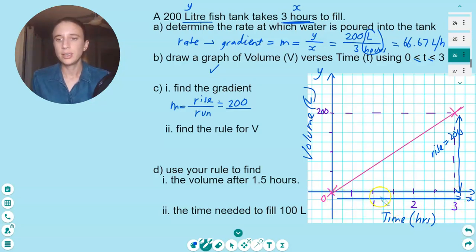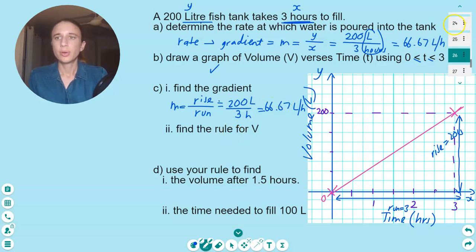The run along the ground is 3 units. And I always just include the units afterwards. So we've got liters per hour. And again, it was 66.67 liters per hour.